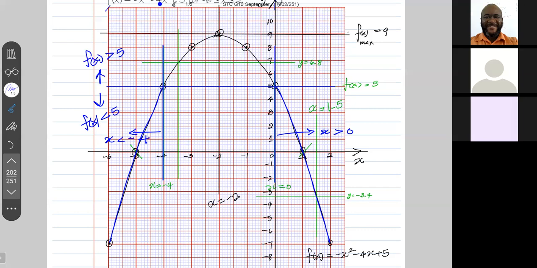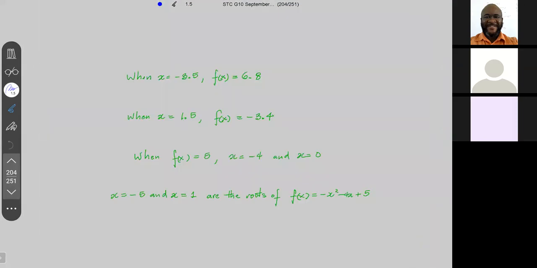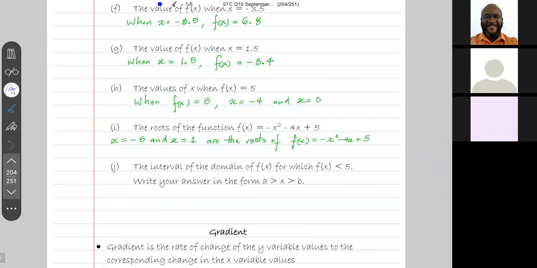So to answer, x is greater than 0 and at the same time x is less than minus 4 are the values of x.